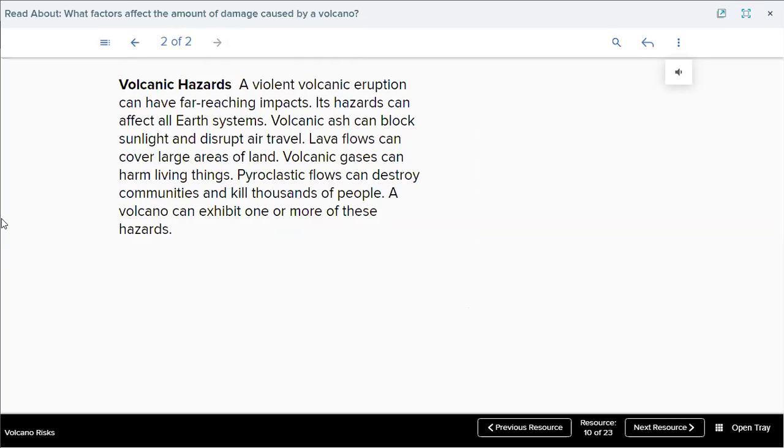What is meant by volcanic hazard? Okay, Muhammad, can you read? Muhammad, yes, Mustafa. You want me to read? Muhammad, please listen to me, okay?